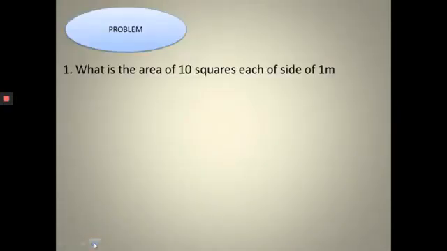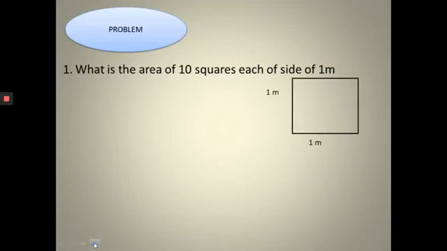What is the area of 10 squares each of side 1 meter? We have to find the area of 10 squares, and each square has a side of 1 meter.